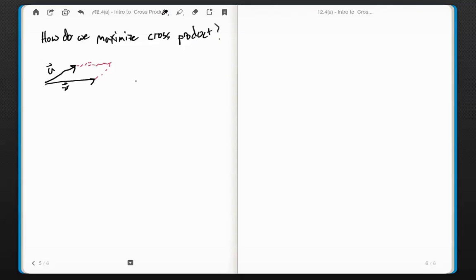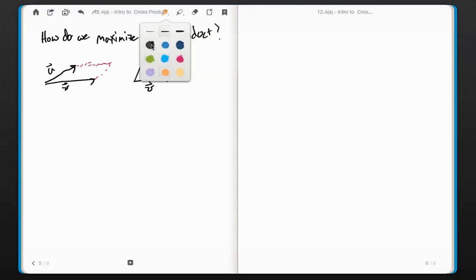I could increase the angle a little bit between u and v, so this is v down here. If I increase that angle some, using the same length vectors, all of a sudden I get a little bit bigger parallelogram here, because my base is the same, but my height has increased. So that's a little bigger.